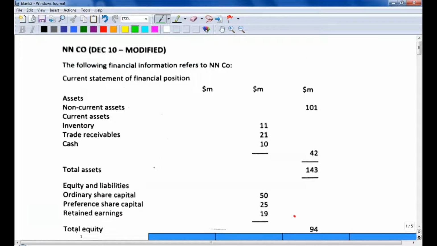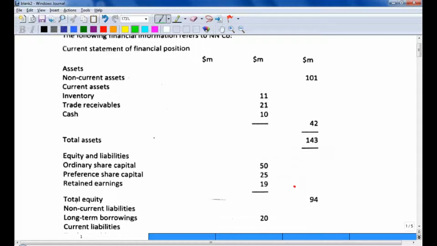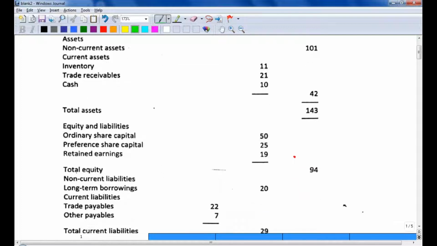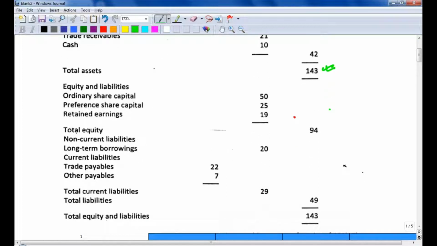The following financial information refers to NN company's current statement of financial position: assets, non-current assets, current assets, and the total assets value 143. Equity: ordinary share capital, preferential capital, retained earning. Do remember one thing, this preferential capital is also mentioned in equity.